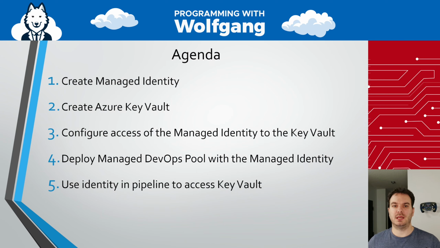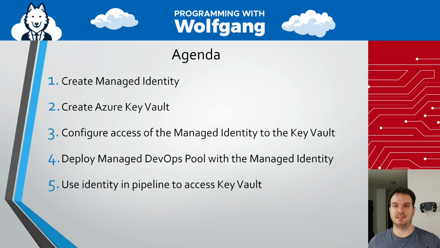First, we're going to create a managed identity. Then we're going to create an Azure Key Vault. And with both created, we're going to configure the access of the managed identity to the Key Vault. We're going to give the identity permissions to read and write secrets. After this, we're going to deploy a new Managed DevOps Pool, and we're going to attach this managed identity to the DevOps Pool.